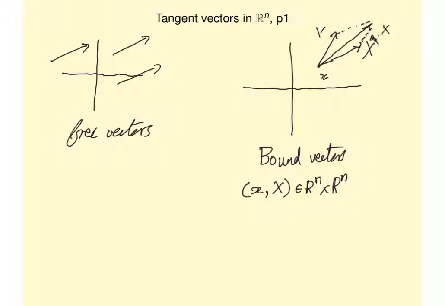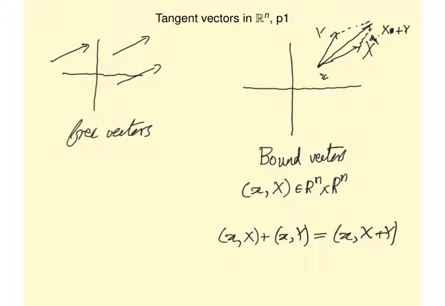And you can do scalar multiplication, and you get, in fact, a vector space. The operation can be defined simply like that, with the similar formula for scalar multiplication.